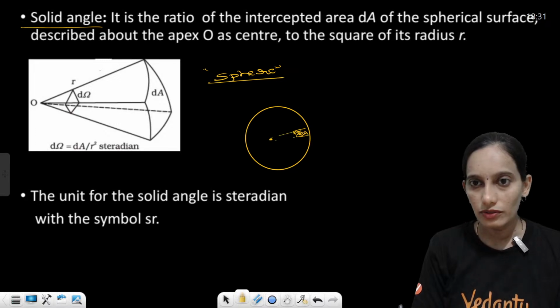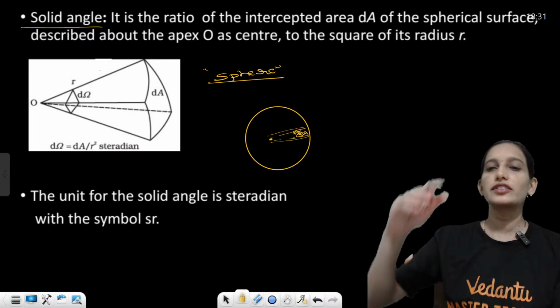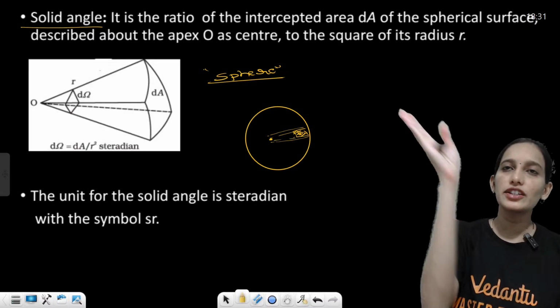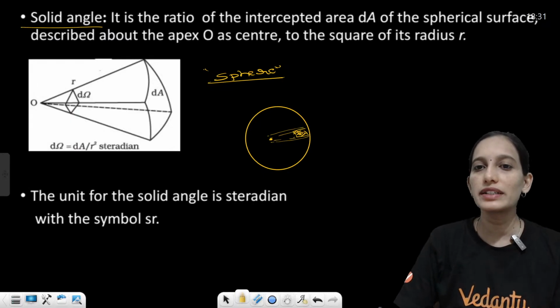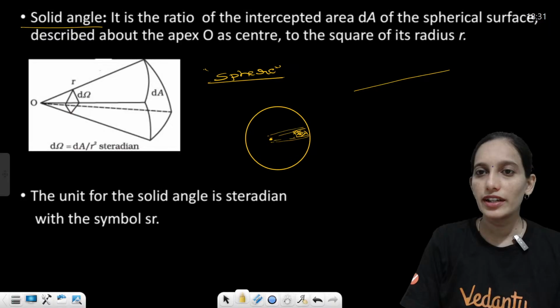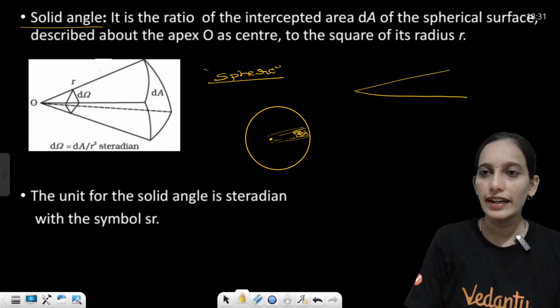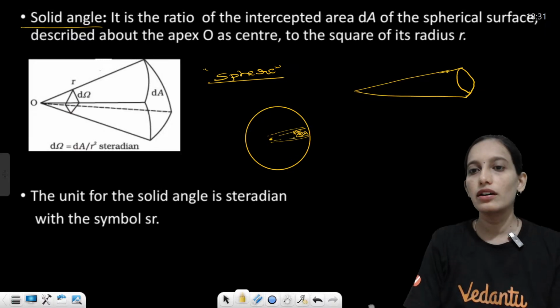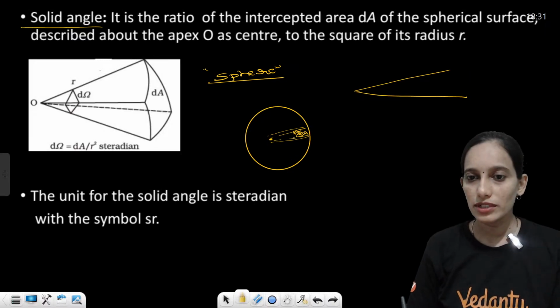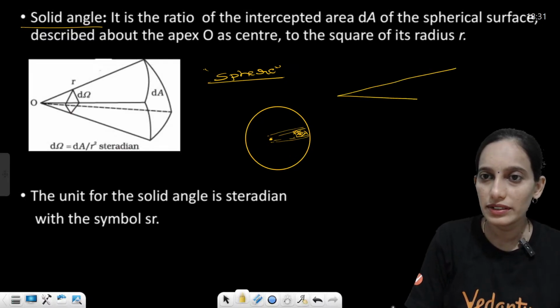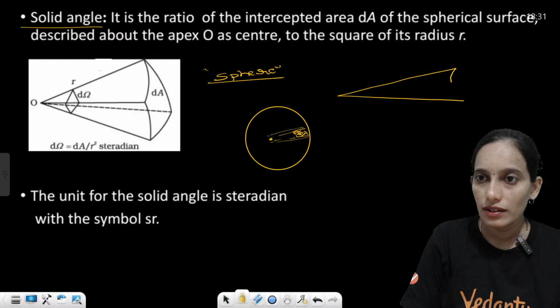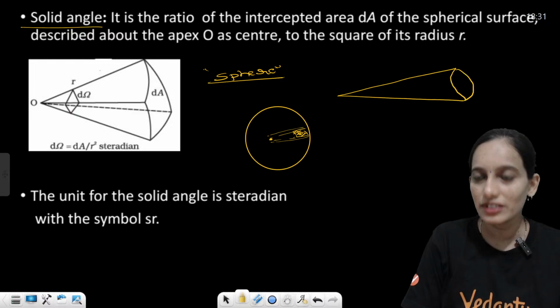Now take one small portion, imagine you are cutting a portion out of it. You can imagine a cone being taken out of it. If I take a portion from a sphere, this gives me a cone, right? Sometimes this is not so smooth while writing, so kindly ignore the diagrams if they are not neat.